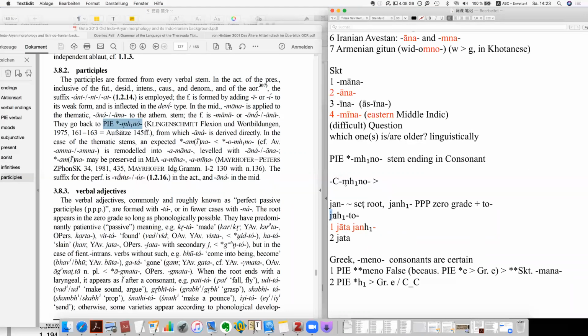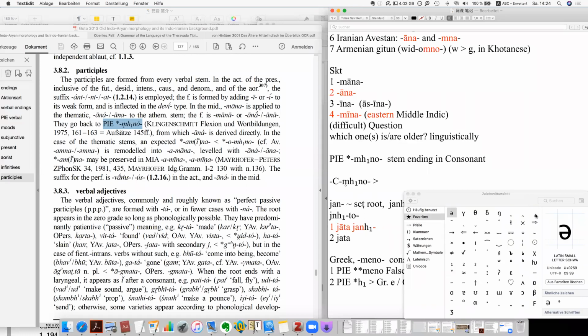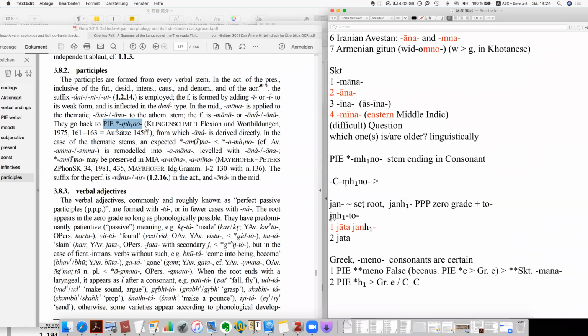And check it, there again, there are a lot of consonants, and you have to make this consonant into a vowel. So this is actually the PPP, mh₁to, and it becomes jāta. Just like this one, you have mh₁no, mh₁to.